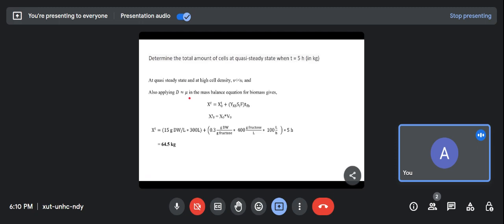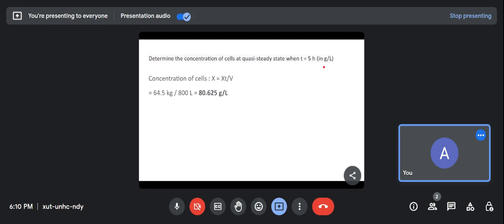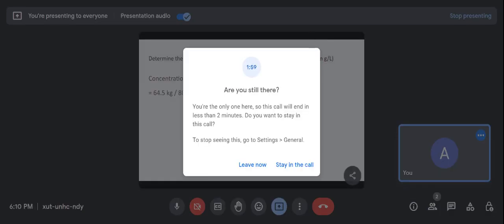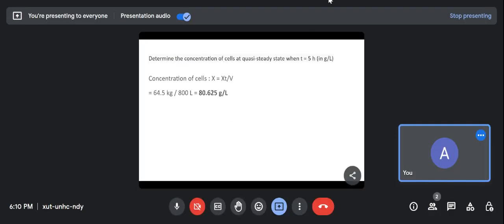Okay, so since you're finding the total amount of cell mass here in kgs in the 800 liters of cell culture media, you're finding gram per liter here, right? So since you have total amount of 800 liters and the total amount of cell at the end of the culture, or at quasi steady state, which is 64.5, if we divide that, you will get an answer of 80.625 gram per liter of cells.